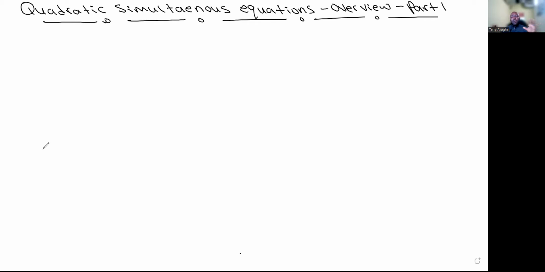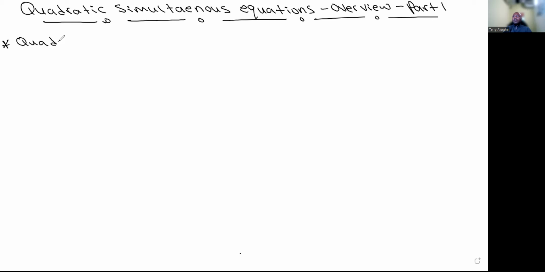For a quadratic simultaneous equation, we have two or more equations that share the same variables, but they are raised to the power of 2, hence the quadratic simultaneous equation. In the previous video, we just did simultaneous equations where they are raised to the power of 1, but here they are raised to the power of 2. So I'm going to write it down so it will be easy for you.